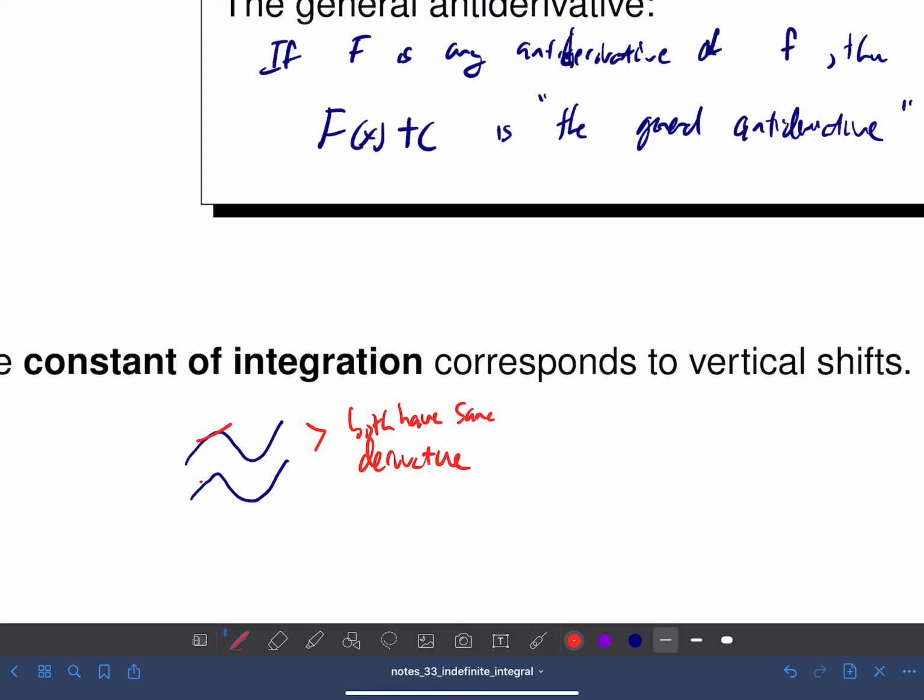Because the slope here is the same as the slope here, and the slope there is the same as the slope there. They always have the same slopes, so they have the same derivative, which means that they're both candidates for being the antiderivative for our function.